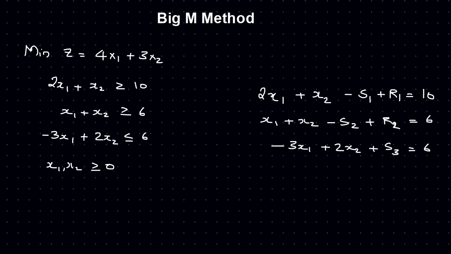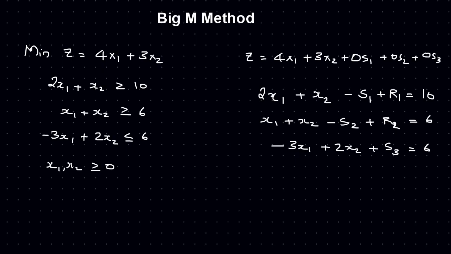Now we have the constraints in the canonical form, and similarly the objective function also changes. So z becomes 4x1 plus 3x2, and all the s variables will have coefficient 0: 0 s1, 0 s2, 0 s3.